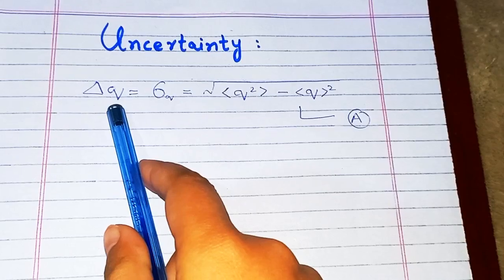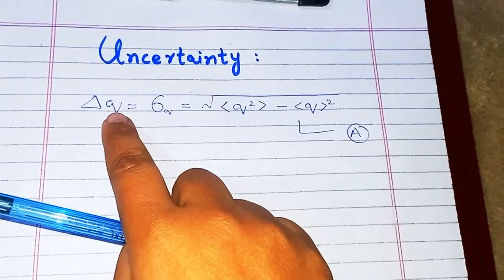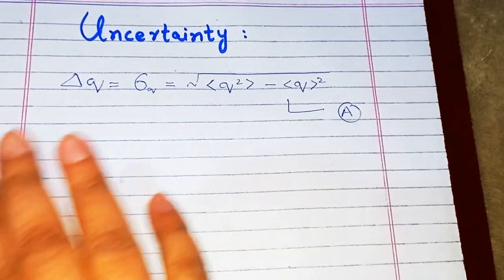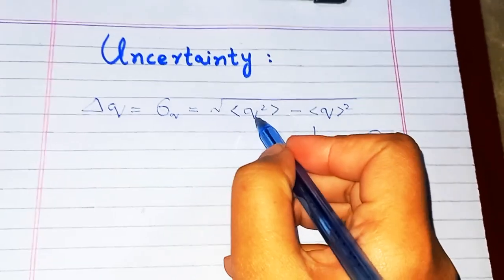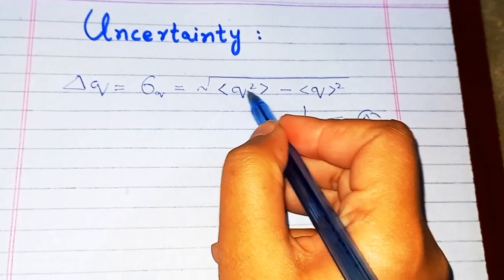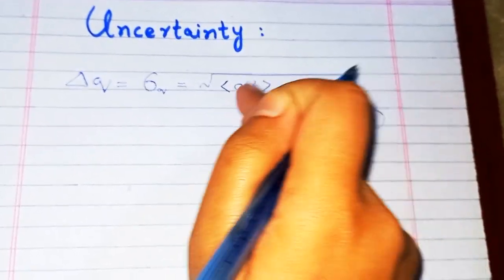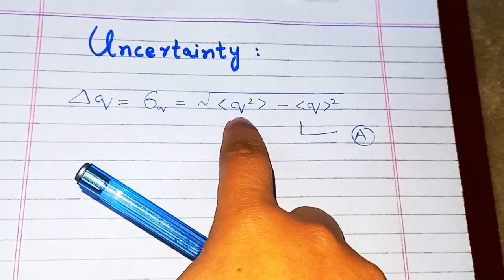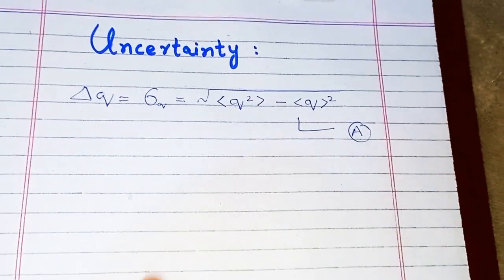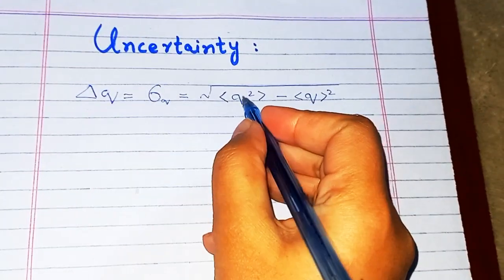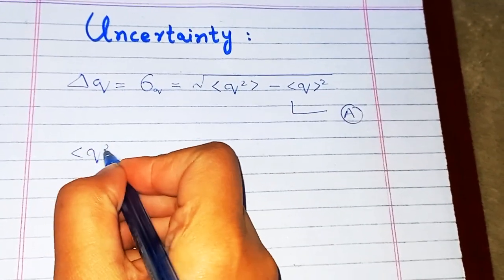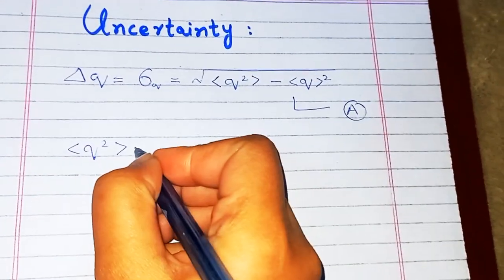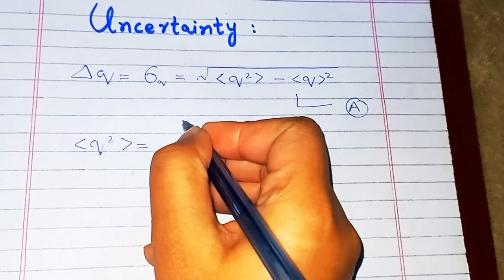If it's position, you'll write x everywhere, and we'll see the example later on. How can we calculate these two quantities? Because if we know them, we'll plug them into this expression and calculate the uncertainty. The q squared is an ensemble average, and we know the formula to calculate an ensemble average, which we saw right now.